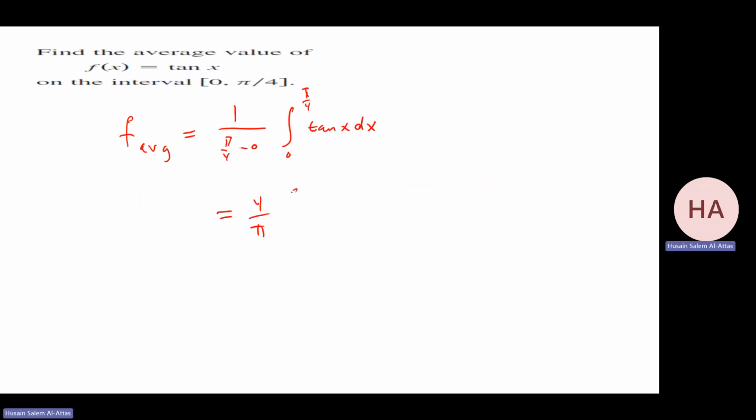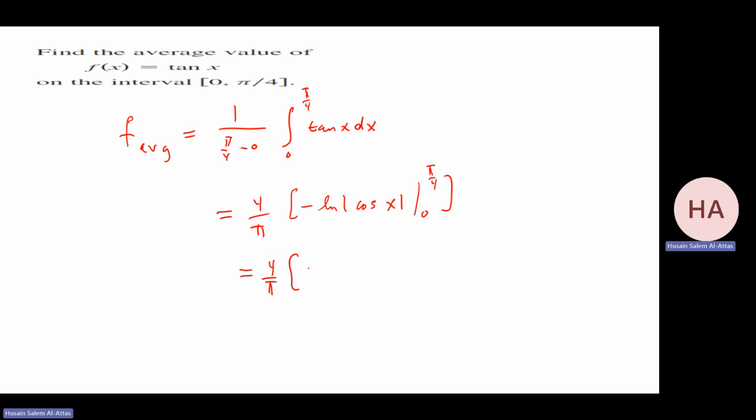That gives me minus ln cosine x from 0 to pi over 4, times 4 over pi. Oh, cosine pi over 4, not ln 1.